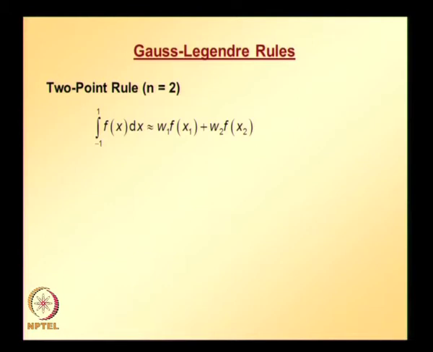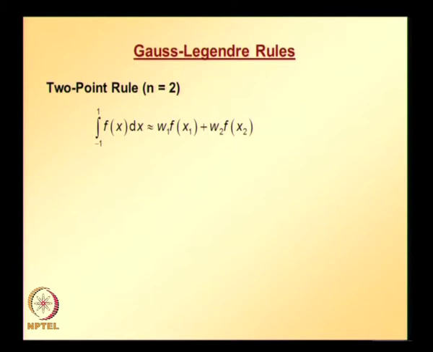Again, the integral of f(x) from minus 1 to 1 dx is approximated as w1 times f(x1), the function evaluated at x1, plus w2 times the function evaluated at x2. Now let us understand how to get these weights w1, w2 and x1, x2.